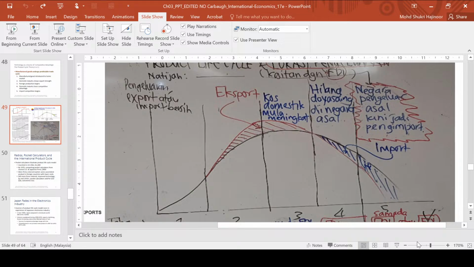So, product life cycle and the location of production, and its relationship with foreign direct investment, FDI. The conclusion is that there is a relation with FDI.